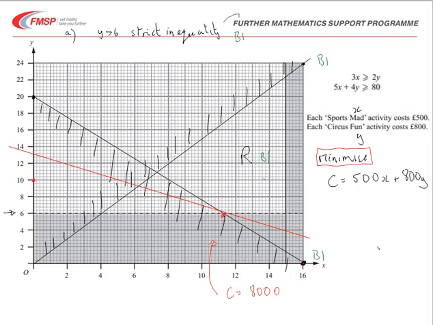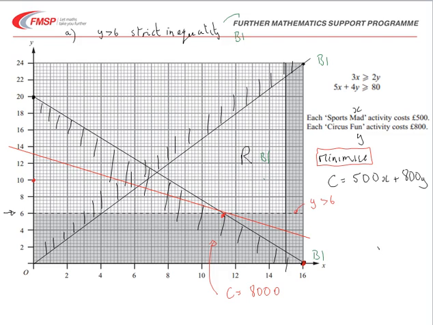Now remember that we must have integer solutions for this, and also we can't have a value which is on the dotted line, because this line here is y. We want y there to be greater than 6. So we've got to look at integer solutions somewhere around this point here.